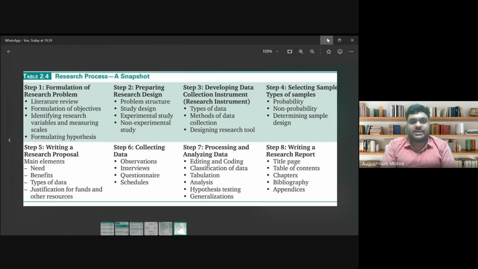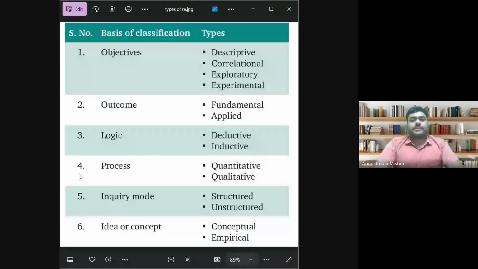I'm going to share that slide again. I think it is clearly visible to everyone.